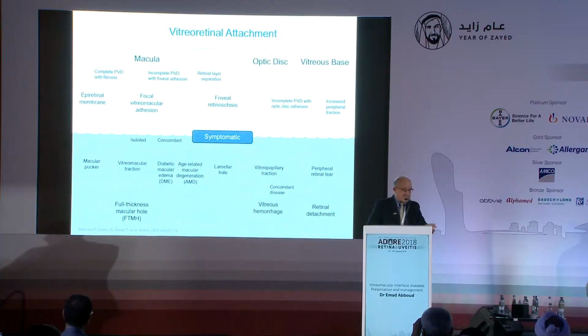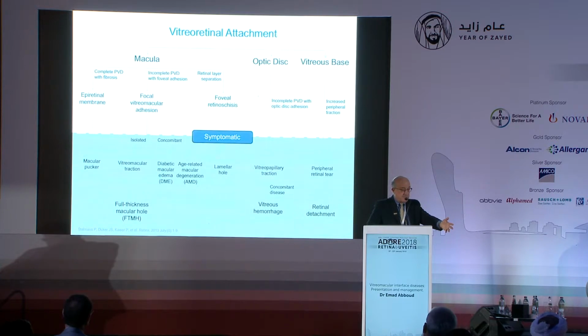The vitreous base, we will start from the right of the slide. At the vitreous base, if there are problems with that separation, then you can start getting breaks. At the level of the optic disc, sometimes it pulls on vessels and can lead to vitreous hemorrhage. But really, the important one for our talk here is what happens at the level of the macula.